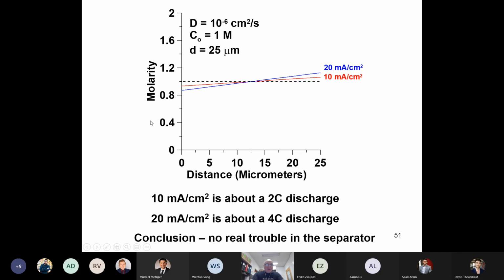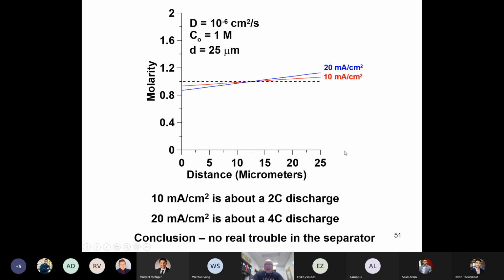Then we plot the molarity versus position between the electrodes when running different current densities. If you're running 10 milliamps per centimeter squared, you get a pretty small concentration gradient. And when you're running 20 milliamps per centimeter squared, the gradient doubles.